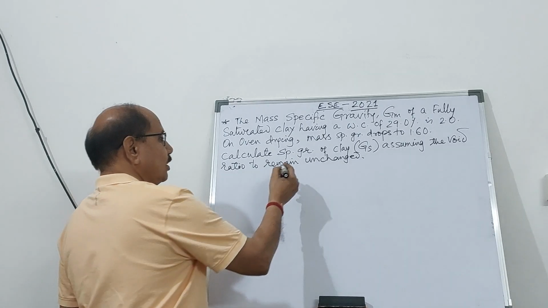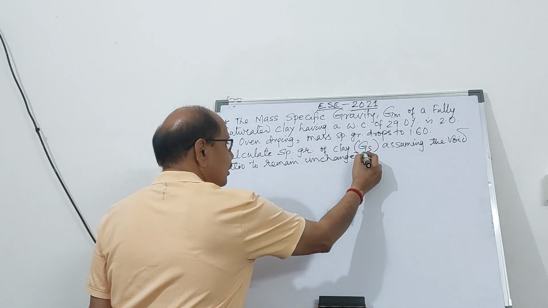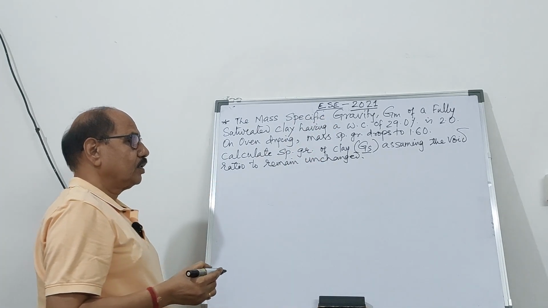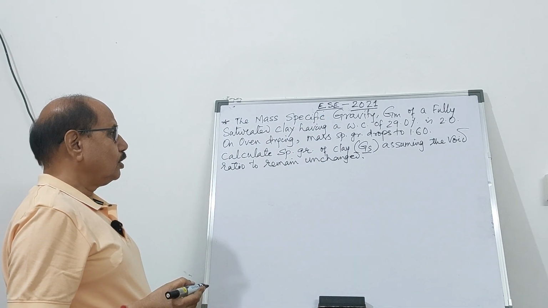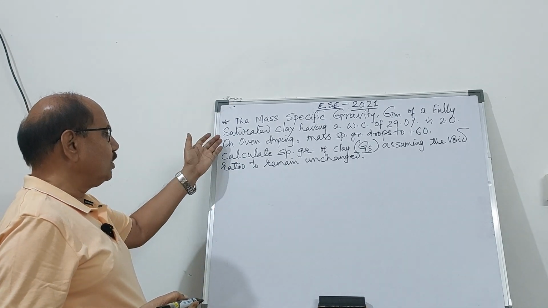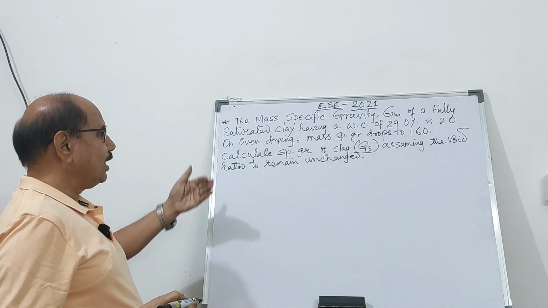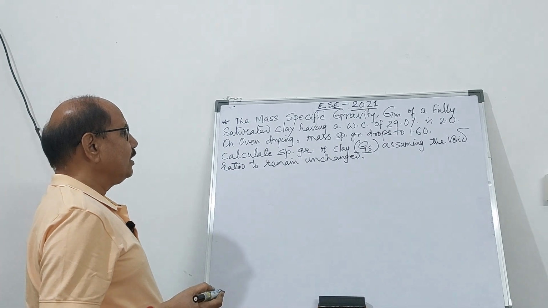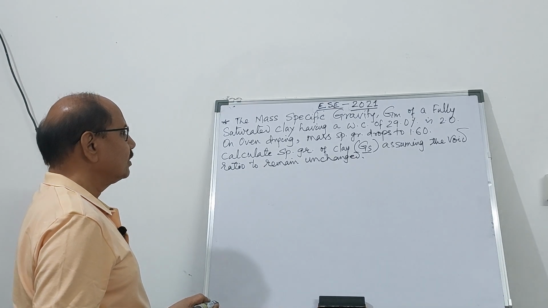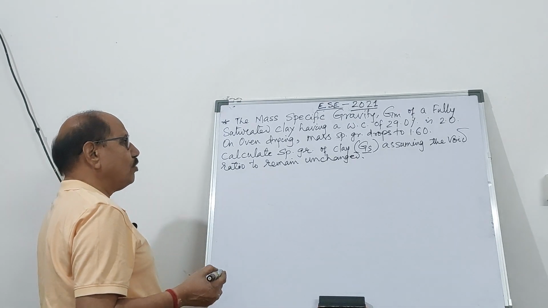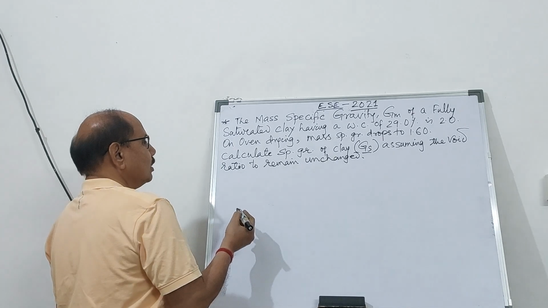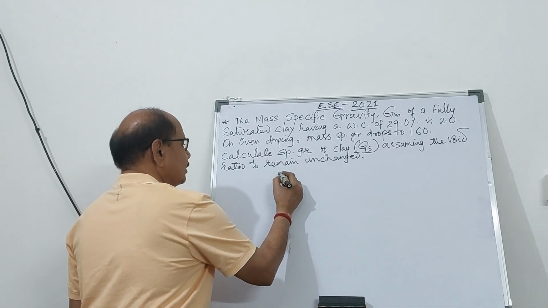Friends, you already know the difference between the specific gravity of soil solids and the mass specific gravity. Here, for fully saturated clay, the mass specific gravity is given, and the corresponding water content is also given. So let us see the solution.